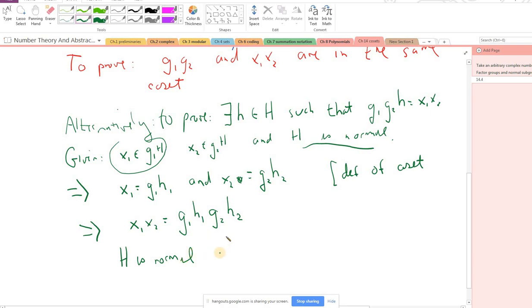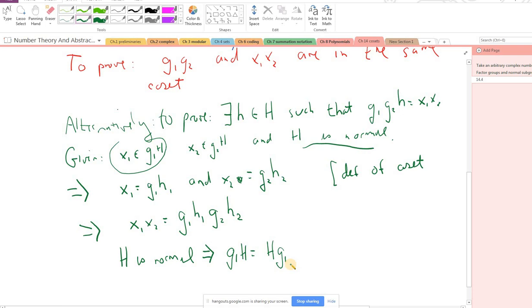Now you said H is normal means that the two cosets are equal. So which cosets are equal? Which cosets are we going to make equal? So gH1 and H1g would be the same. All right, this is true, but you said it wrong.